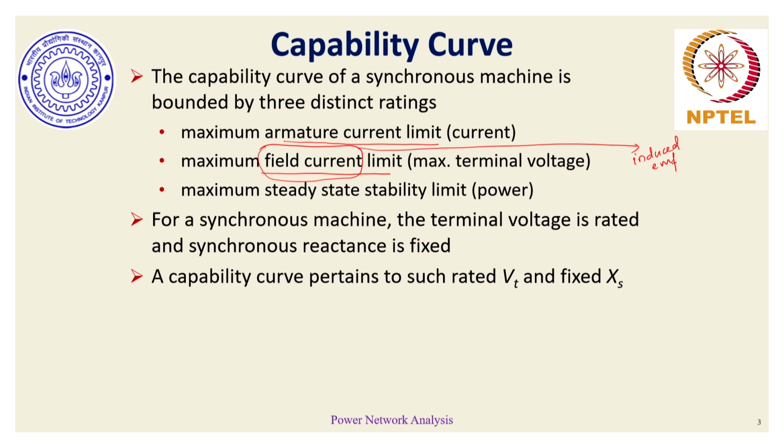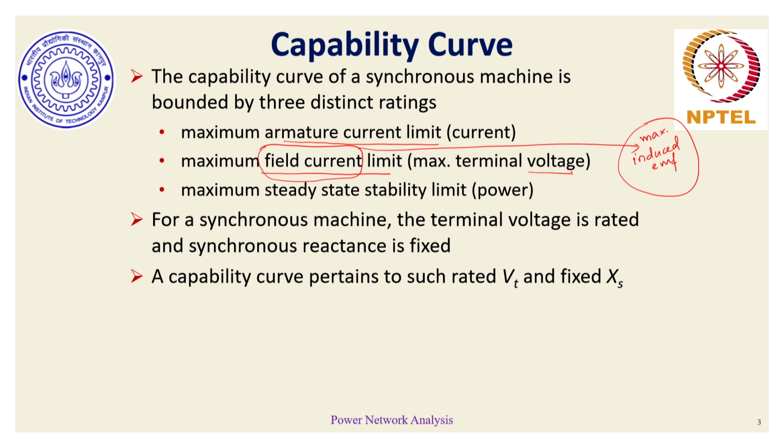This can be replicated as an equivalent maximum limit on the induced EMF that can be generated without compromising the safety of the rotor winding or rotor insulation. So the maximum field current limit can be linked with the maximum induced EMF or associated voltage.